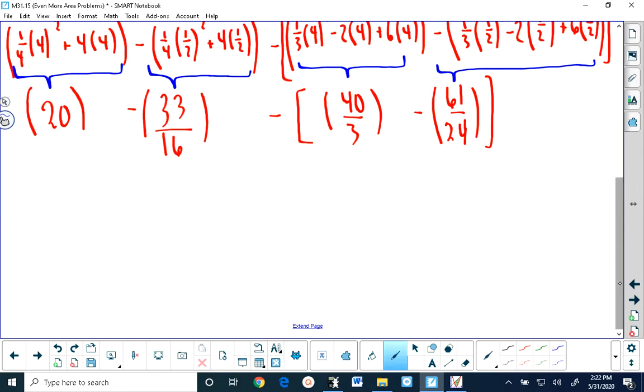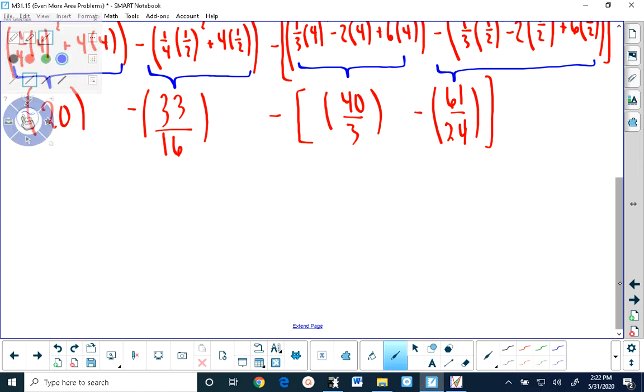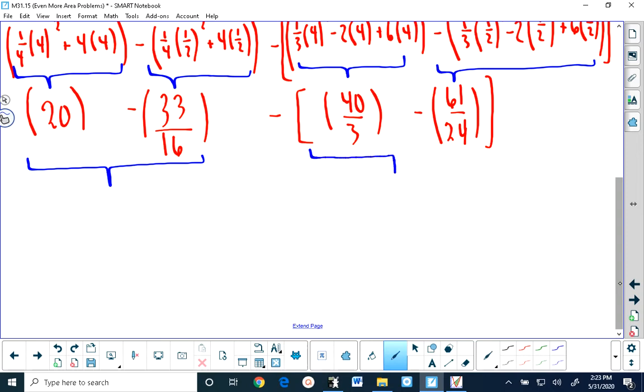And as you can well imagine, there's lots of room for error buried in amongst all of these numbers. So now what I'm going to do is calculate what 20 minus 33/16 is, and I'm going to calculate what 40/3 minus 61/24 is.